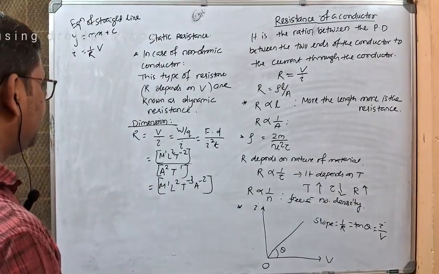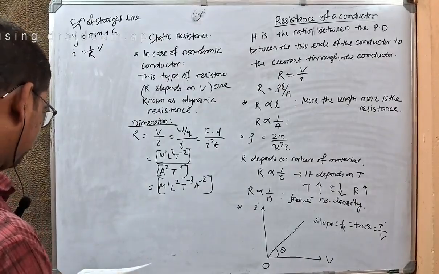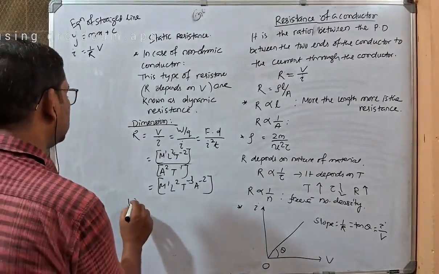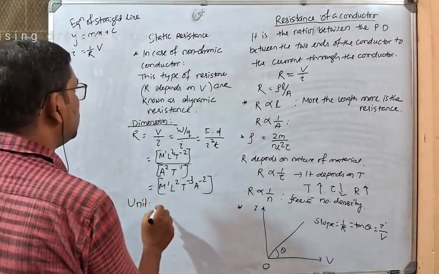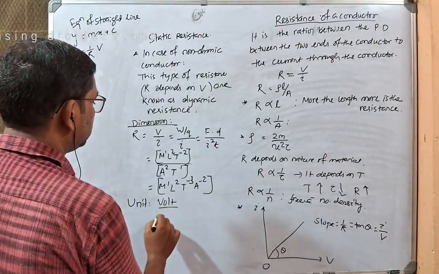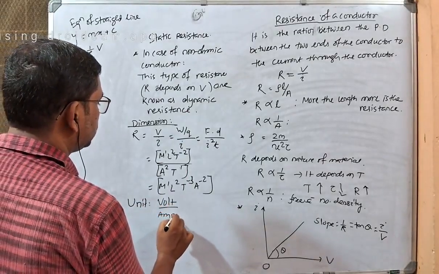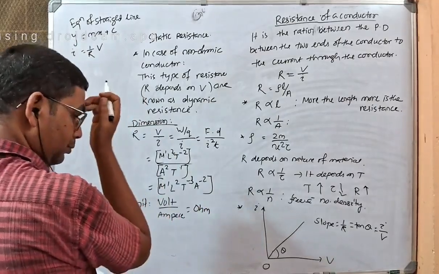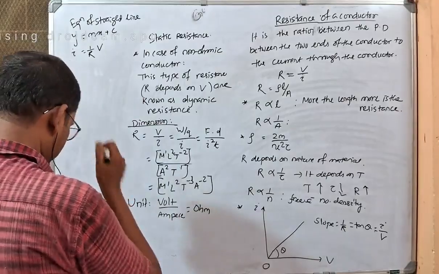So what is its unit? Resistance has unit volt per ampere. It is known as ohm.